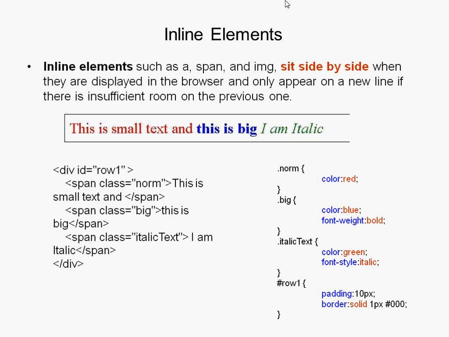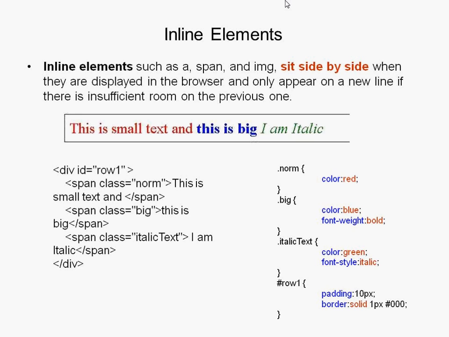It's all a single line. This is a small text and this is big and italic. We have created them because we want to specify styles, for example you wanted to make that text red and that one blue. We want all of them in the same line. That's why we haven't created a div for it. We used an inline element.